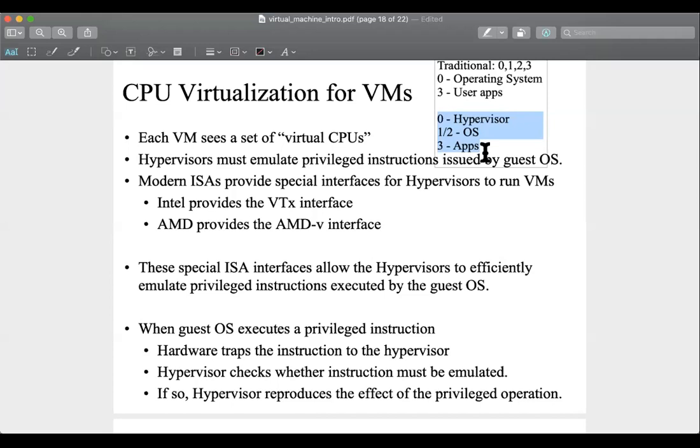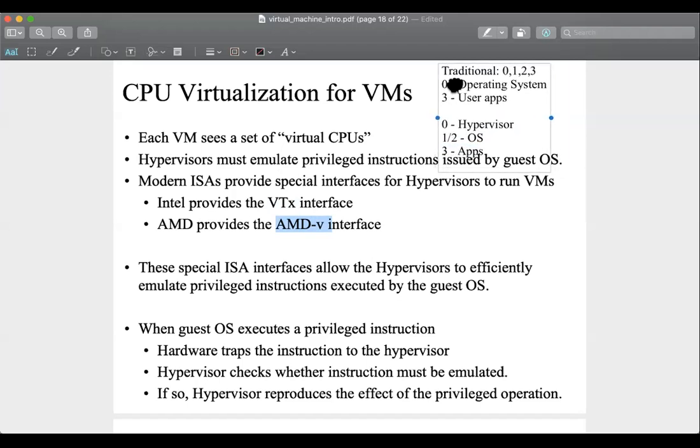The solution really had to come from device vendors, being Intel and AMD. That's where the VT-x and AMD-V interfaces came along. When Intel and AMD made changes to their processor architecture, they said, we want the operating systems to follow the 0-3 model they're used to, so that they don't break.